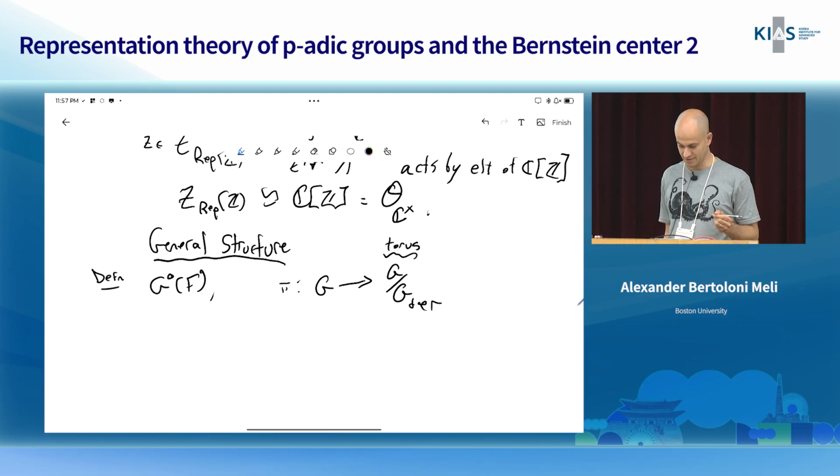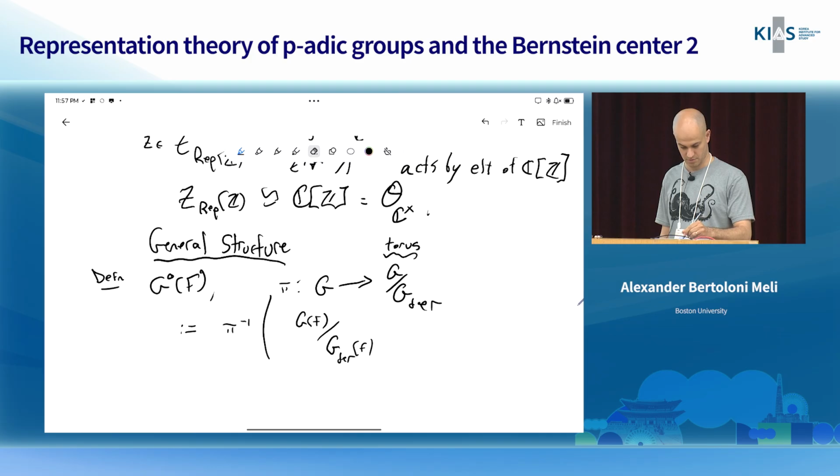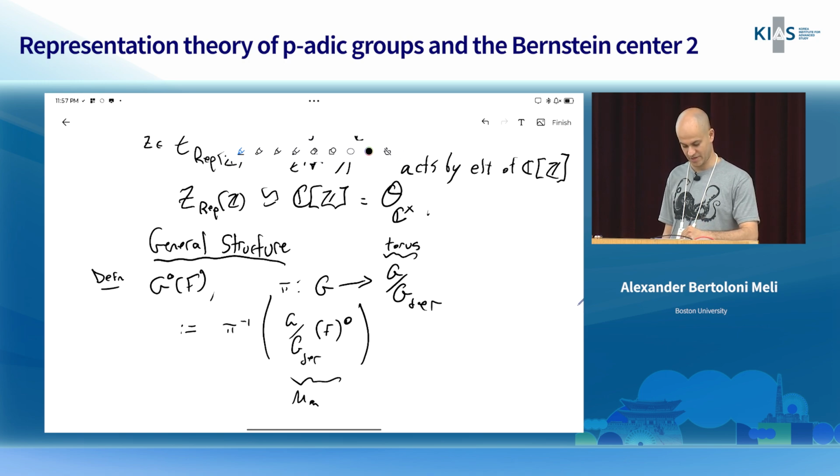Then this group is defined to be pi inverse of the maximal compact of the torus.